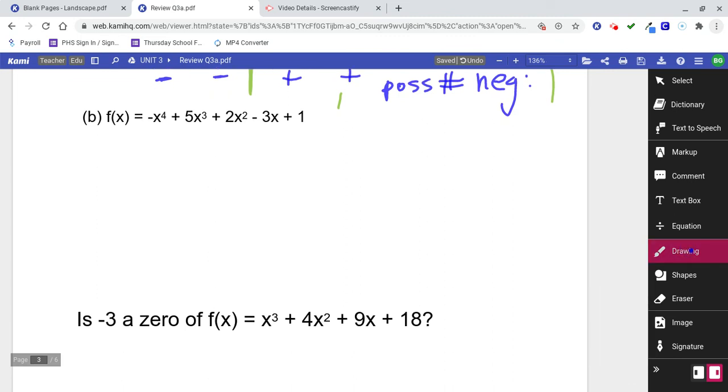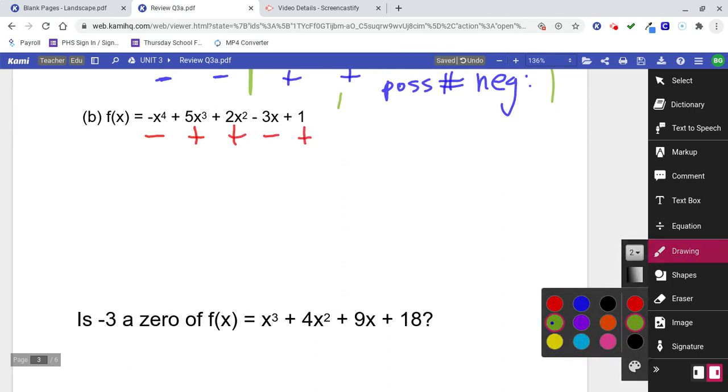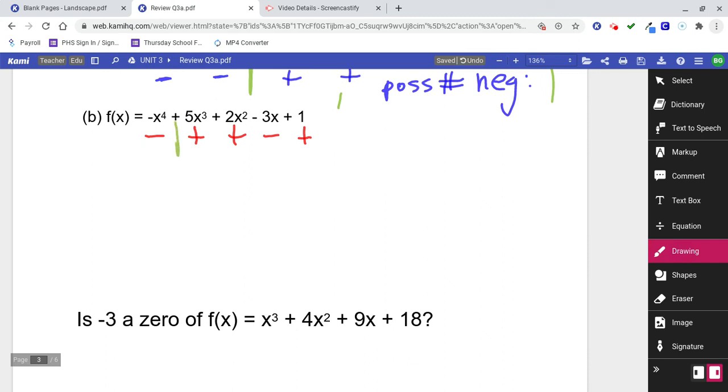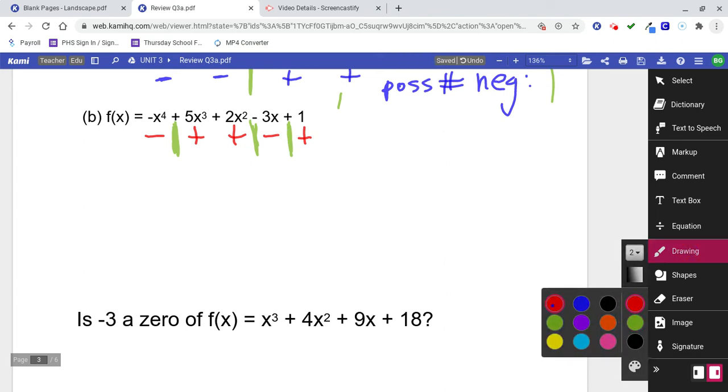For the possible number of positives, it's easy because all you have to do is look at the function. First term is negative, second term is positive, positive, negative, positive. So that's a sign change here, and here's another one, and here's another one. So the possible number of positive real zeros is 3 or 1.